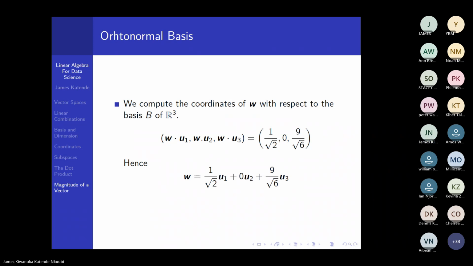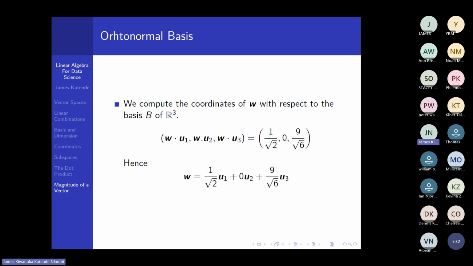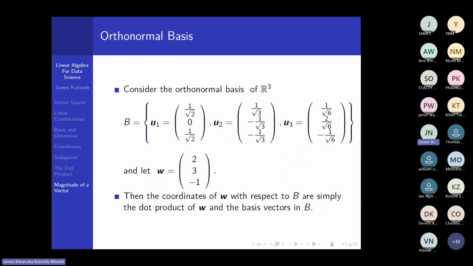You can confirm that that is the case in your own time. Just double check that if you multiply U1 by 1/√2, multiply U3 by 9/√6, and add them, you should get W, where W is already given here.